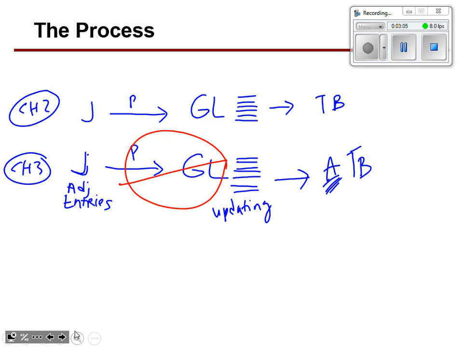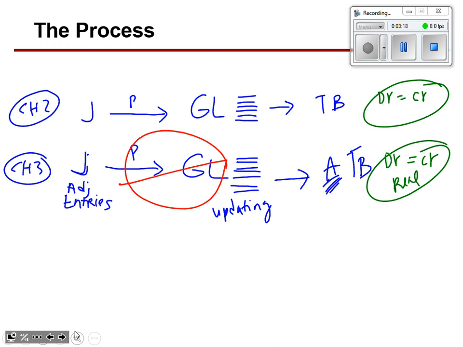Although the trial balance debits and credits equaled, and the whole purpose is that in the adjusted trial balance the debits and credits equal, this is real. This isn't the whole story. Although the debits and credits equal, we know that things were used. That's why we have to adjust and keep going.